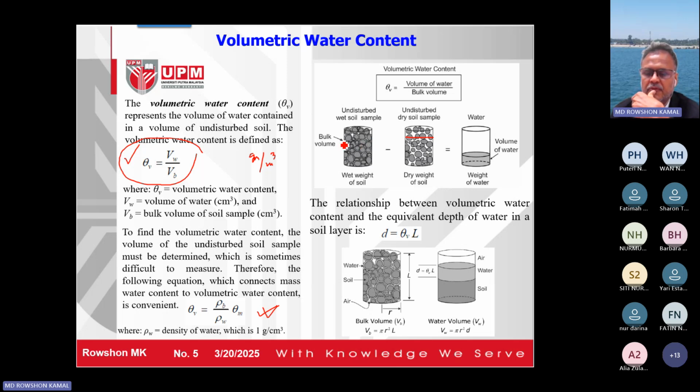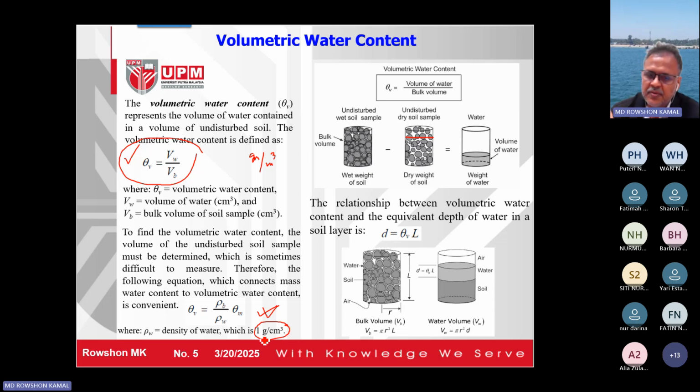So density is measured in per meter cube or per centimeter cube, and this rho w, this one is density of water. So density of water, for pure water, is always 1. But the density of contaminated water will not be 1, okay.